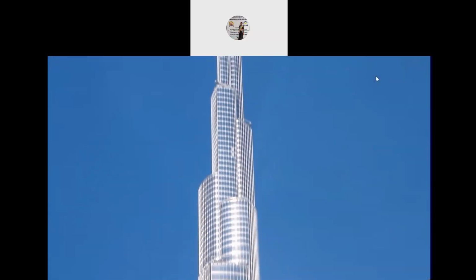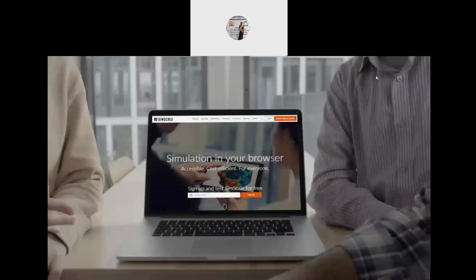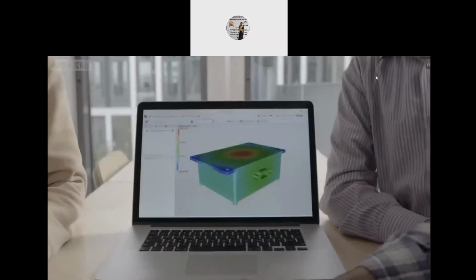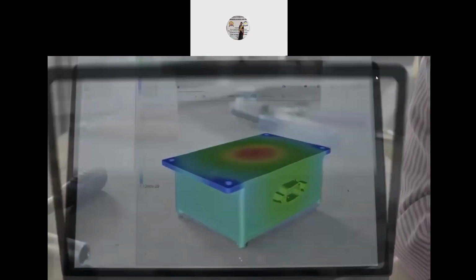Although not usually integrated with BIM software yet, simulation tools are becoming more and more accessible through cloud computing. One example is Simscale, the world's first production-ready software as a service application for engineering simulation.